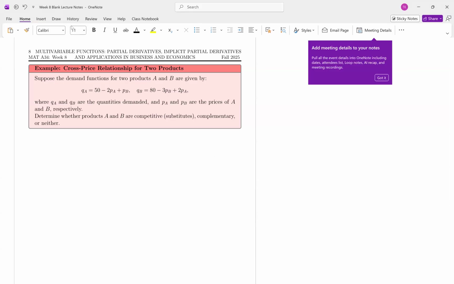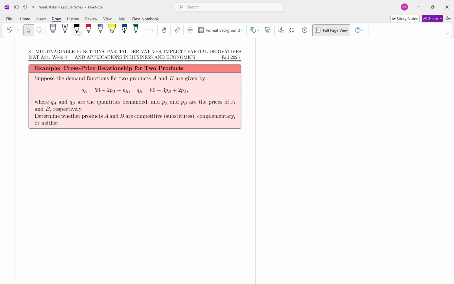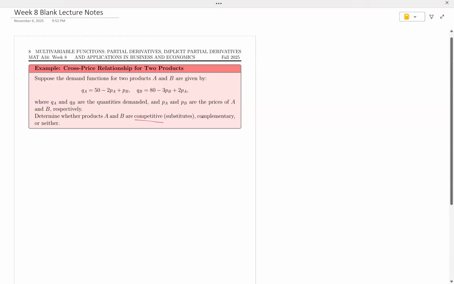So we are trying to figure out whether the products are competitive or complementary. Now, to do this, we look at our partial derivatives.